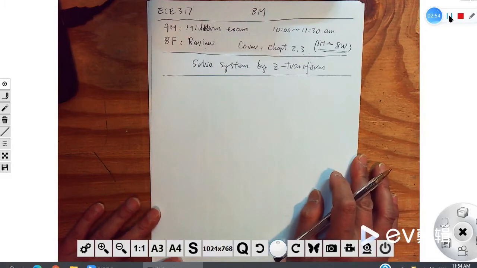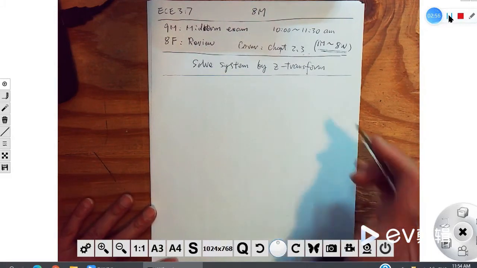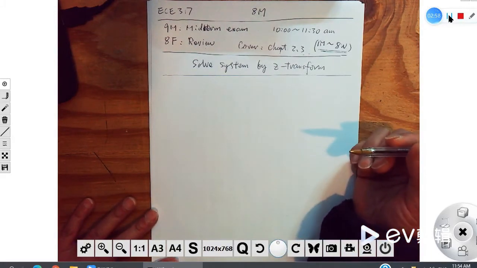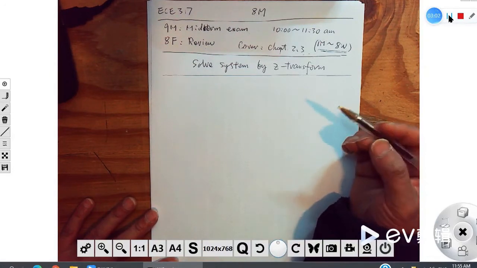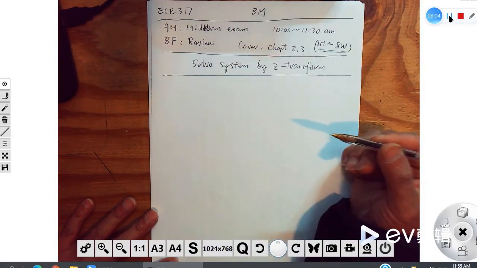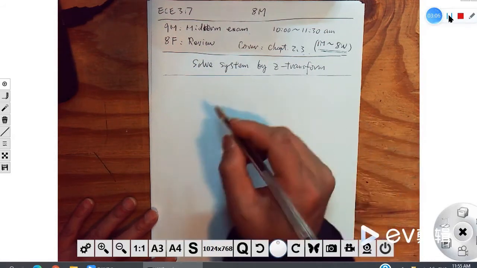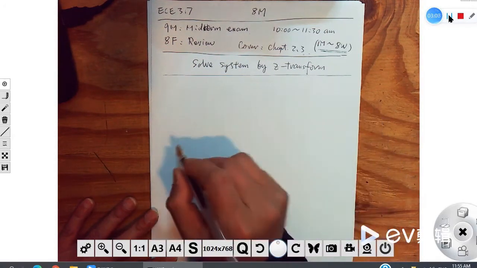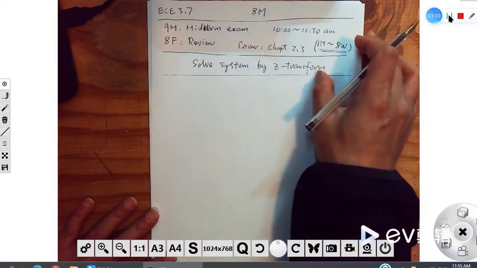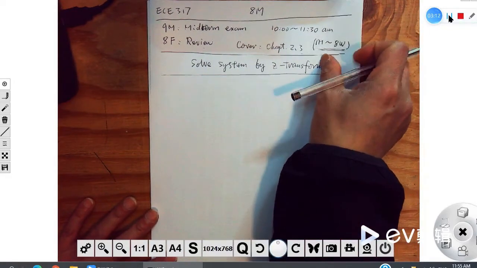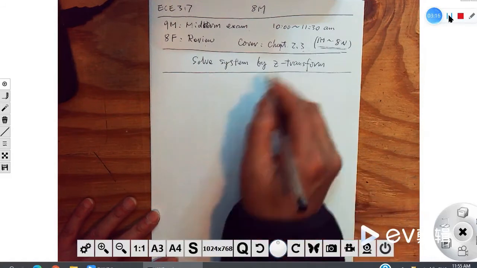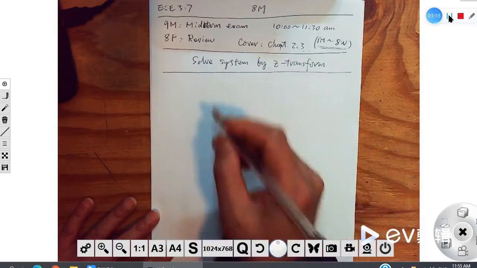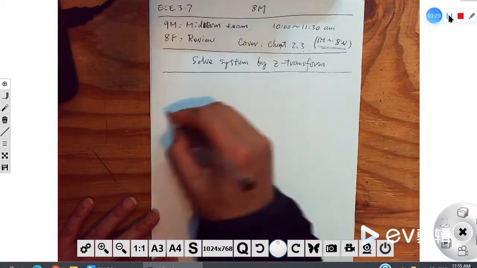We know how to solve a system by Fourier transform, so now you just replace the Fourier transform by the Z-transform. The Z-transform feels more convenient, but the Fourier transform has a better feature for sinusoid input, frequency input. The Z-transform works in general for any signal.